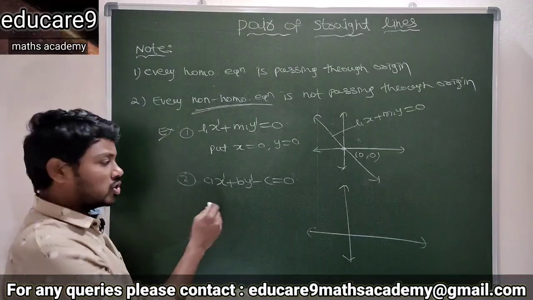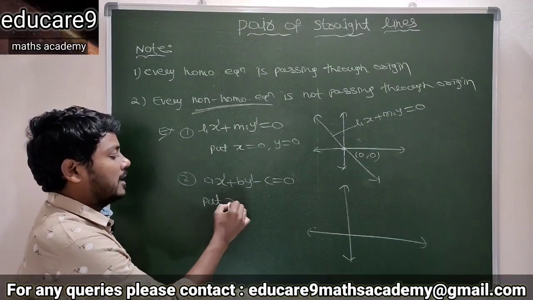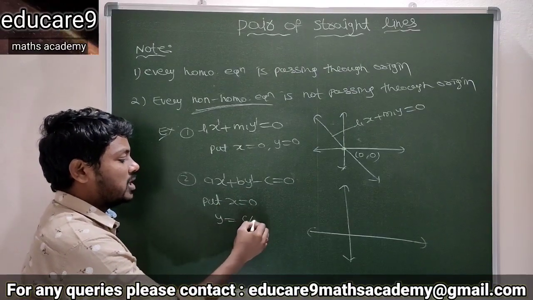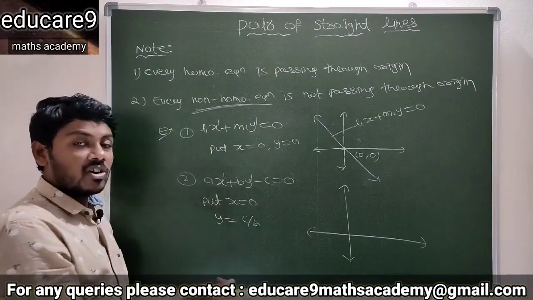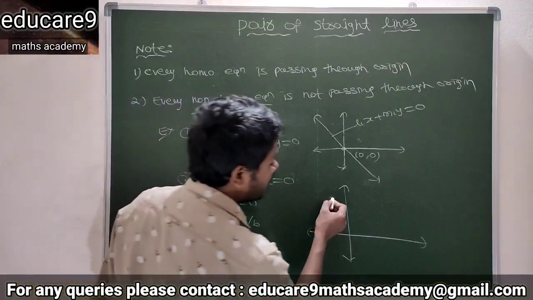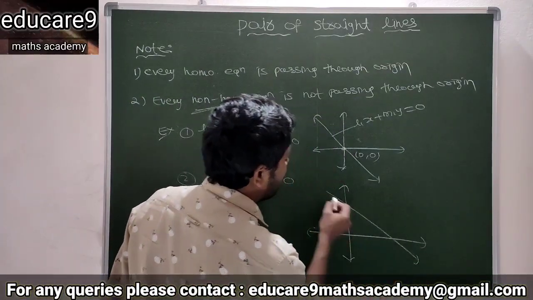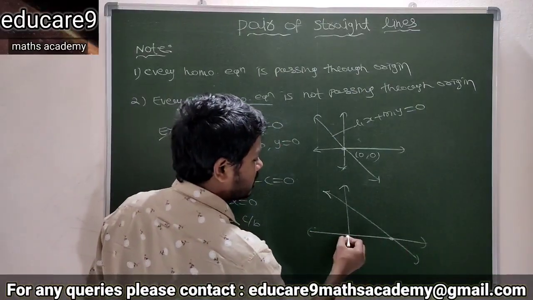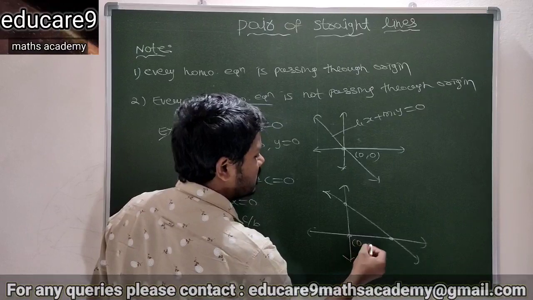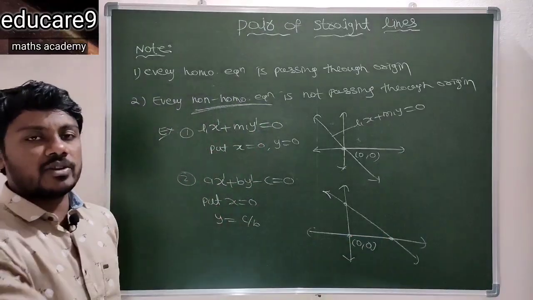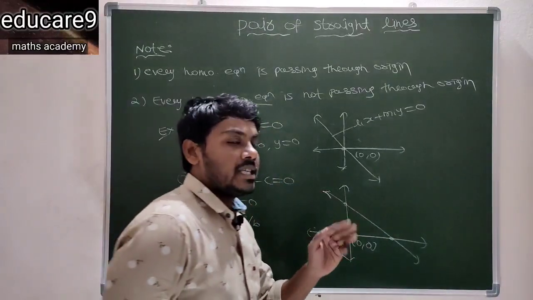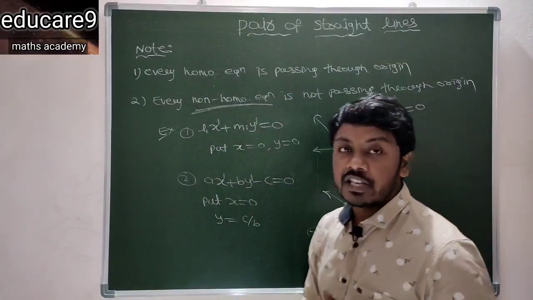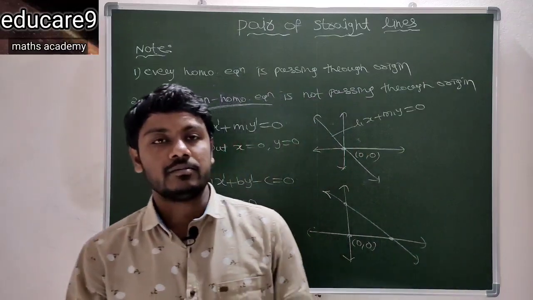If you put x equals 0, the y value is c. So clearly it is not passing through the origin. In that case, the line intersects the coordinate axis at two distinct points. So we can say that every homogeneous equation passes through the origin, but every non-homogeneous equation does not pass through the origin.